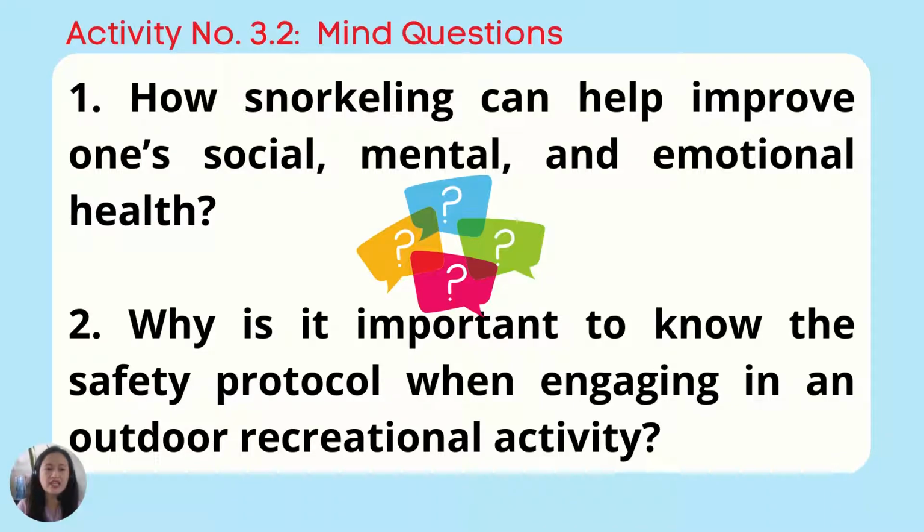With your answer sheet and your pen, you might include how you can describe a certain individual to improve one's socialization, how it encourages concentration and awareness, and how it can enhance your mental health or your mood. So this can basically help you answer this question.